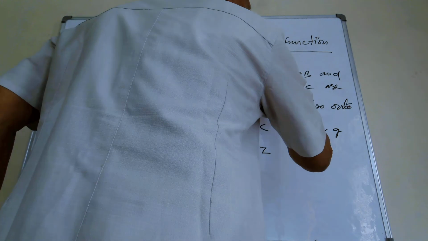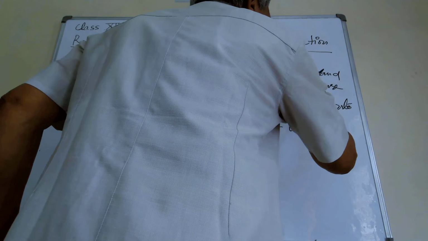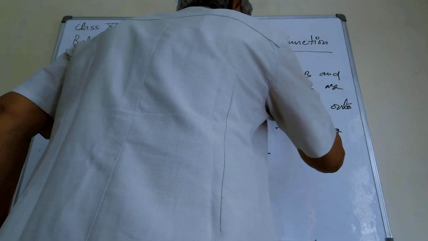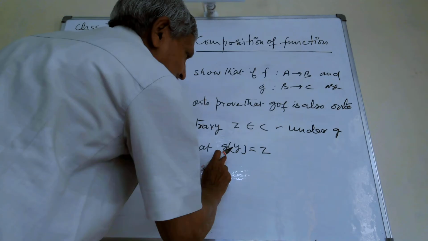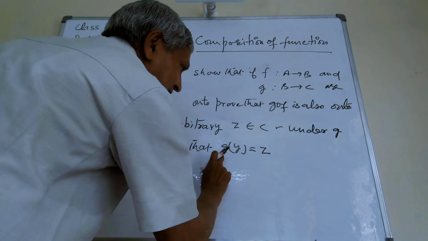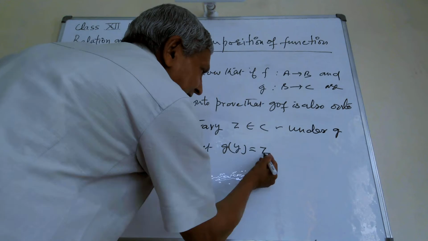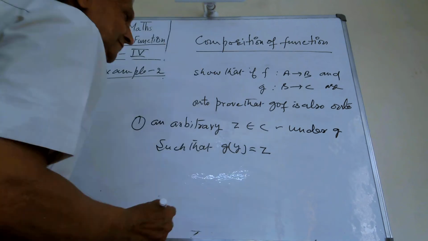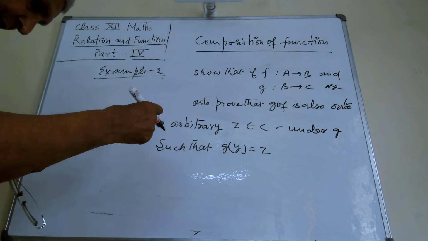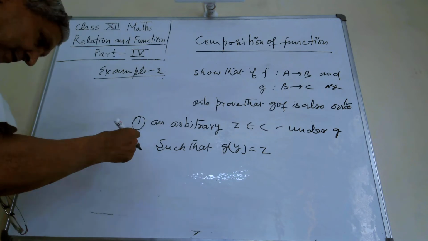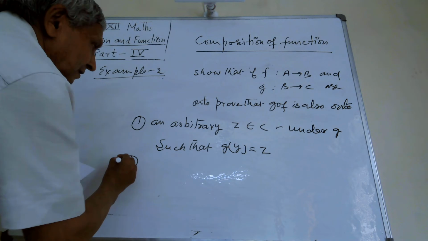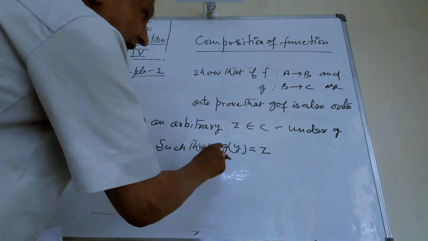This z certainly has a pre-image in B, and that pre-image is y. So the function is g, so g(y) is equal to z. This z has pre-image y in B. Again, there is a second.